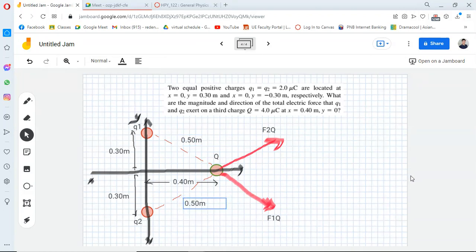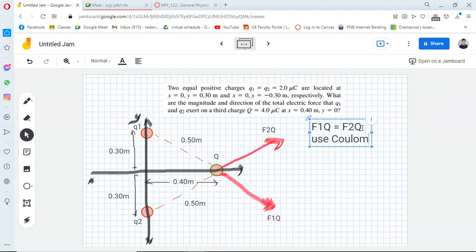And at the same time, you will notice here that F1Q is actually equivalent to F2Q. Tama ba? Dahil pareho naman sila ng distance. Pareho rin naman ng magnitudes, yung Q1 and Q2. Therefore, yung masosolve mo na F1Q is also the same to F2Q. So, paano mo masosolve yung part na yan?